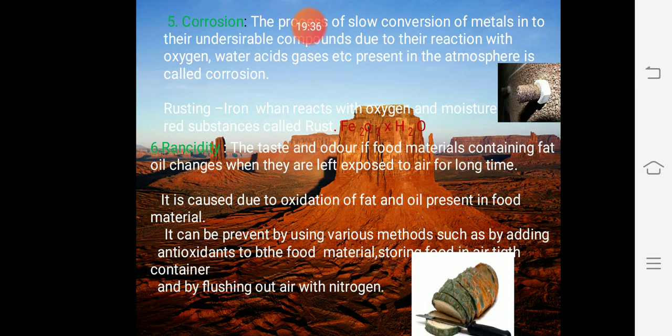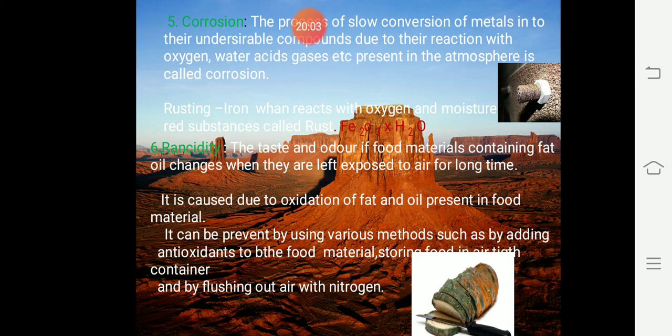That type of food is called rancid, and its taste and odor change. Sometimes taste and sometimes odor. For example, potato pieces change color, and rice items change odor. That is called rancidity.